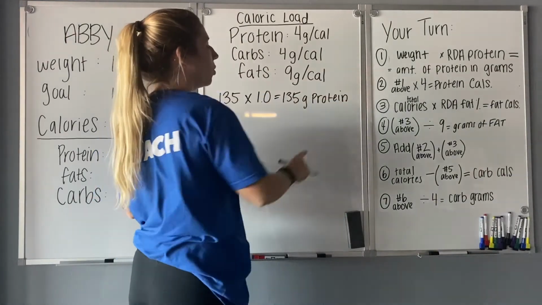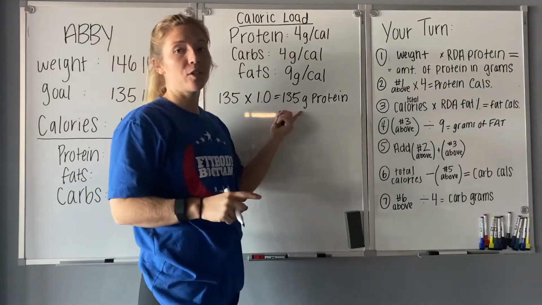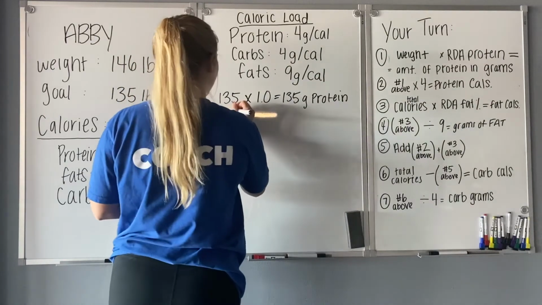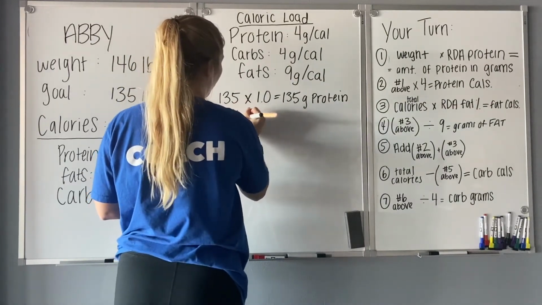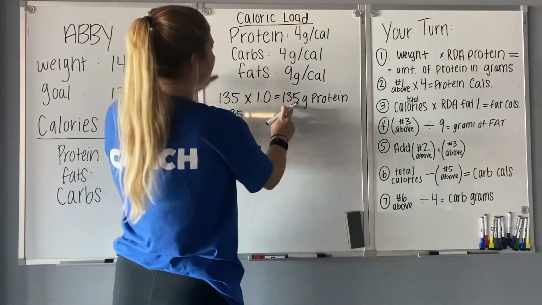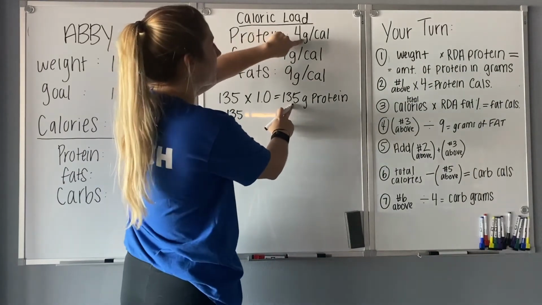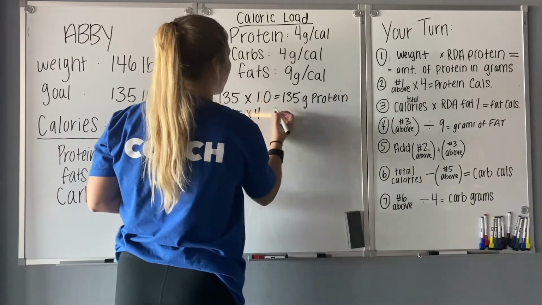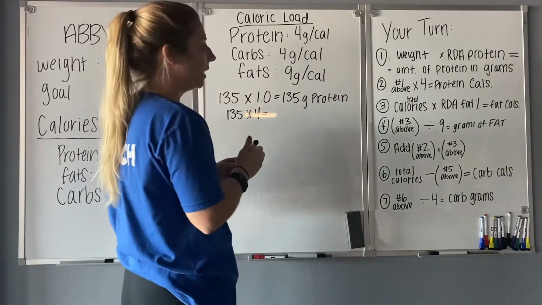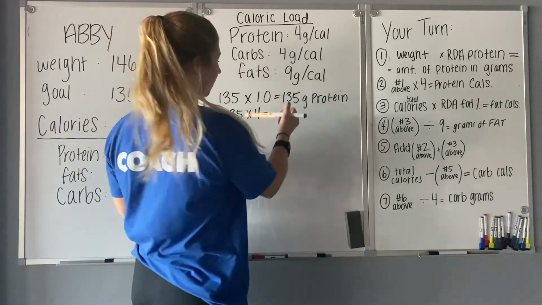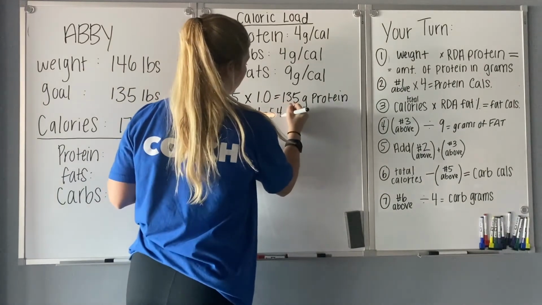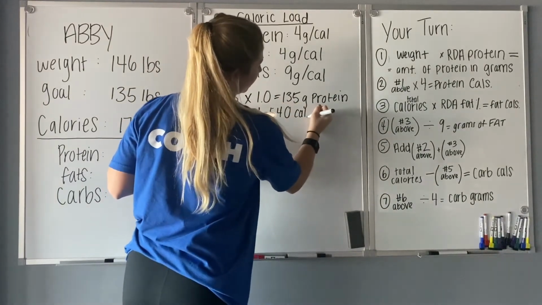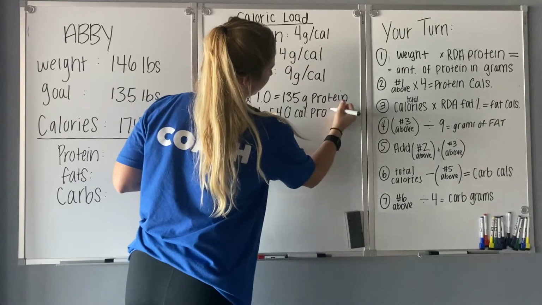Step 2, in order to find how many calories should be coming from protein, I'm going to take 135 right here, and since I know that protein is 4 per gram, okay, I'm going to multiply this by 4, which is going to give me a total of 540 calories of protein, okay?